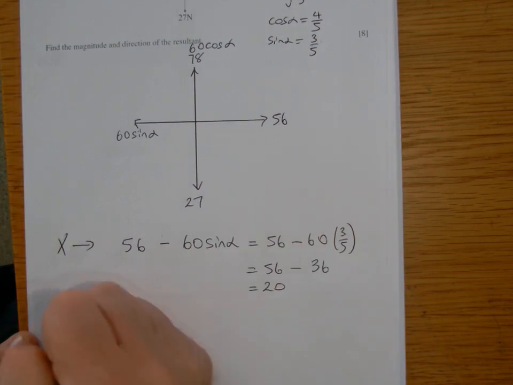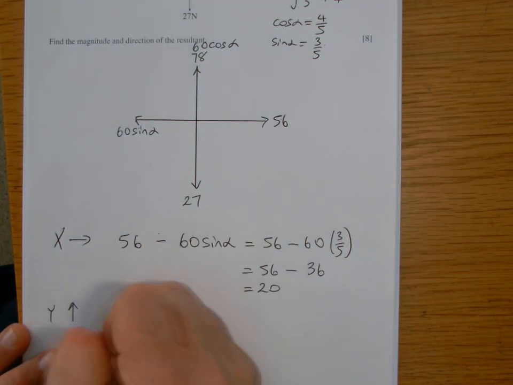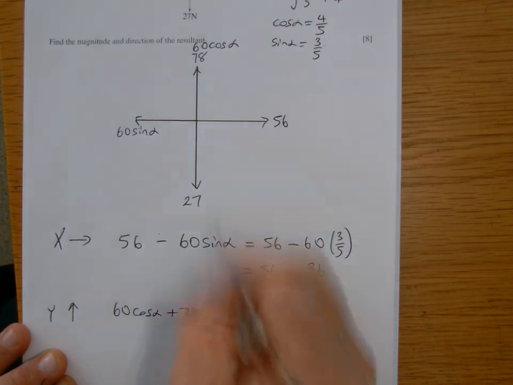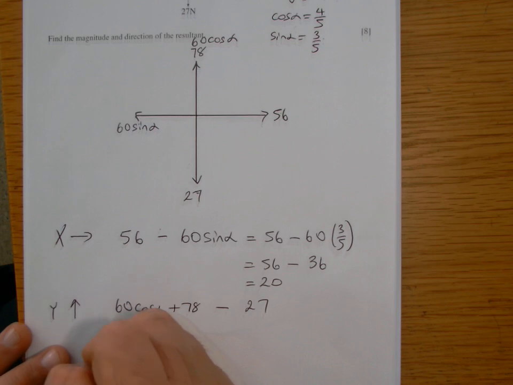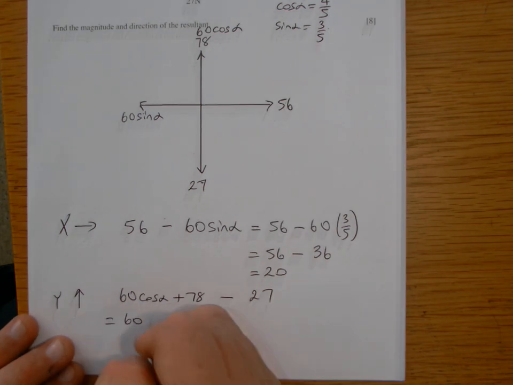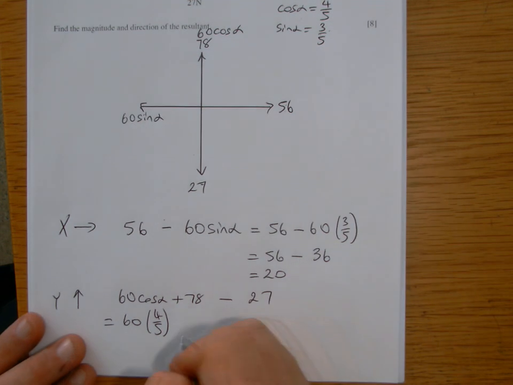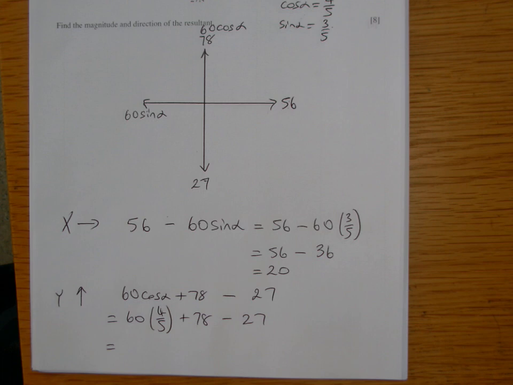In the y direction, we consider this as the leading direction: 60 cos alpha plus the 78, those two combined, take away what's opposing it, 27. Cos alpha is 4/5, so that's 60 times 4/5, plus 78, take away 27. If we do that on our calculator, we get 99.